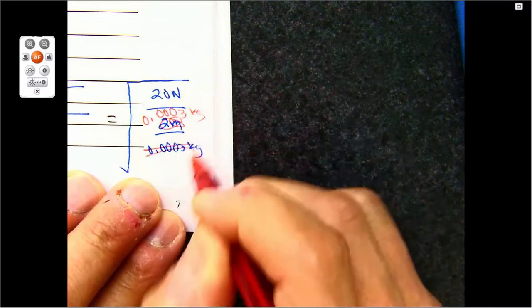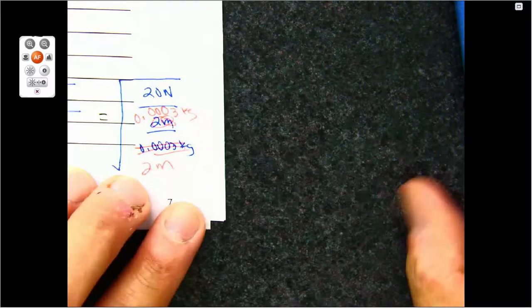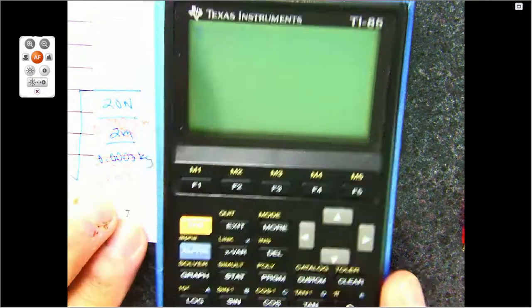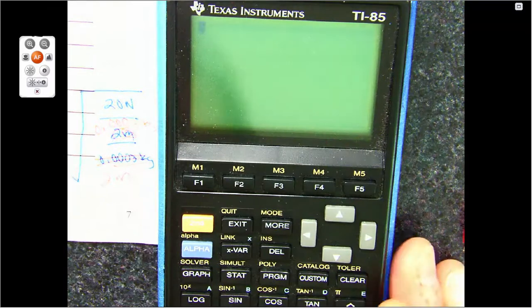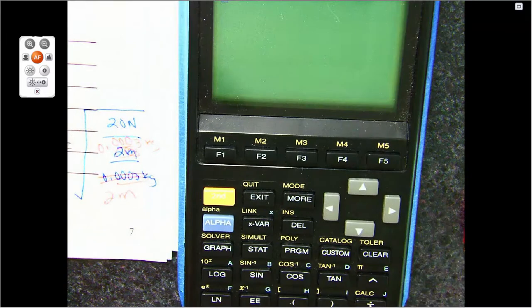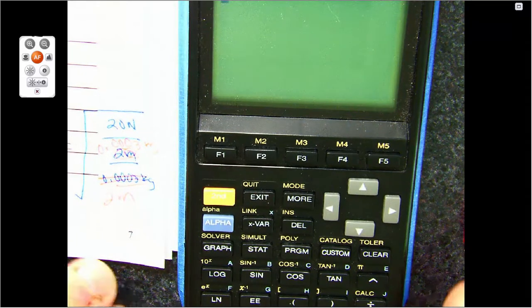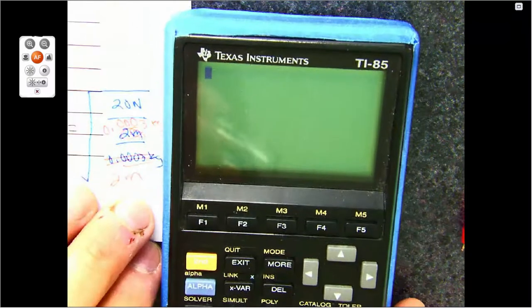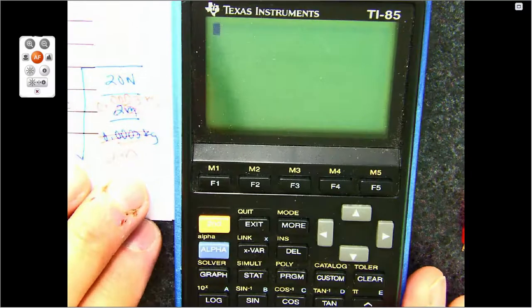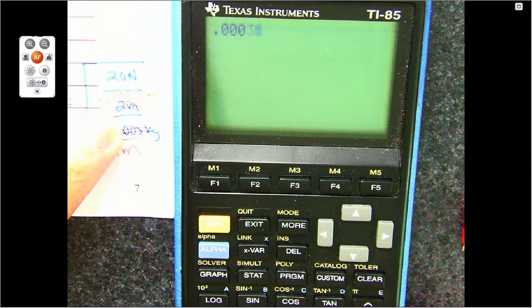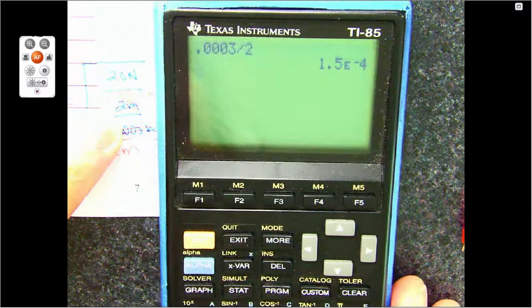Kilograms, 2 meters. Yeah, you could actually flip it right away and go the force times 2. But just looking at this without knowing how to flip that reciprocal, I'm going to take my 0.0003 divide by 2, I get this.